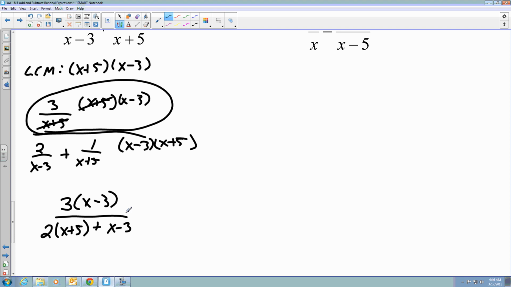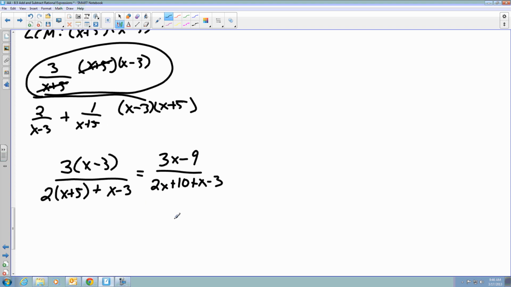So what I'm going to do now is distribute the values. So I'm going to go 3x minus 9 divided by 2x plus 10 plus x minus 3. And I can combine like terms, which then will give me 3x minus 9, all divided by 3x plus 7. Okay, so that's one way to solve it.